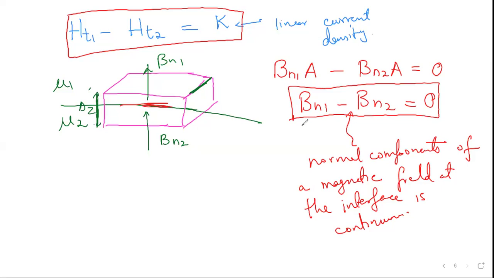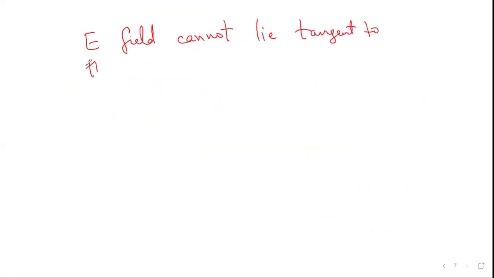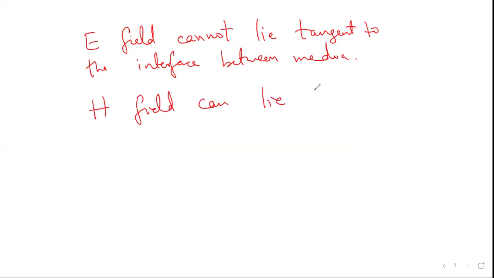Is that clear? Now, what does it mean? It means that electric field cannot lie tangent to the interface between media, whereas magnetic field can lie tangent because it can take discontinuity.